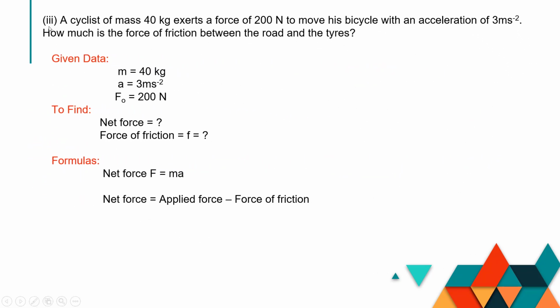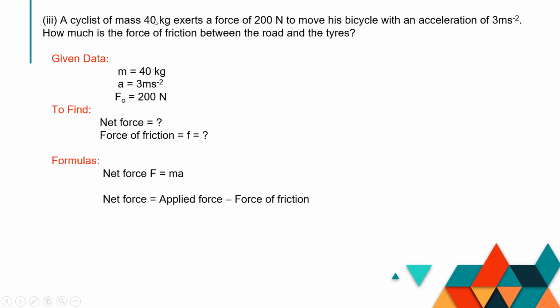Now the third numerical: a cyclist of mass 40 kg exerts a force of 200 Newton to move his bicycle with an acceleration of 3 meter per second square. How much is the force of friction between the road and the tires? Firstly you will write the given data.